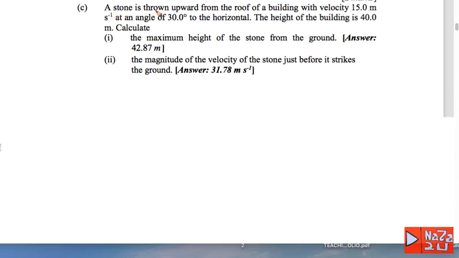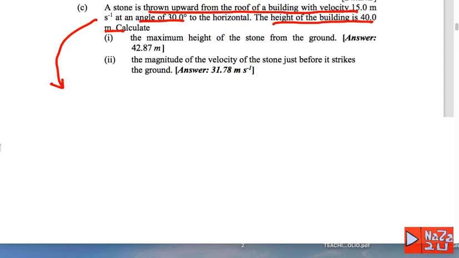A stone is thrown upward from the roof of a building with a velocity of 50 meters per second at an angle of 30 degrees to the horizontal, right? The height of the building is 40 meters. So the best approach, before you find the solution, is to draw the situation here.